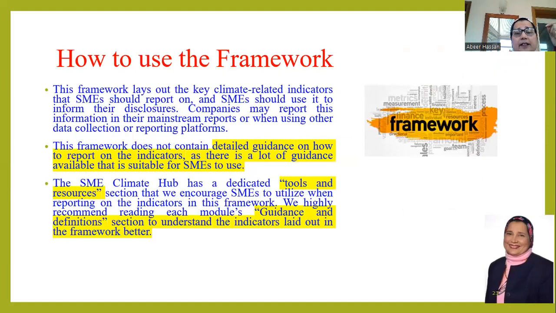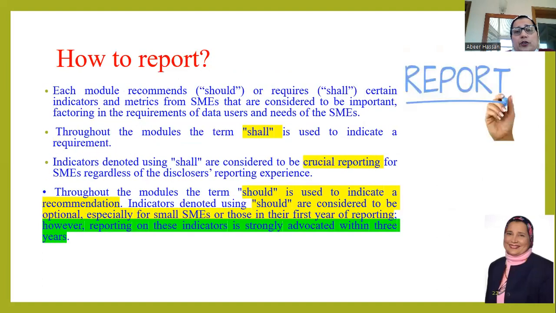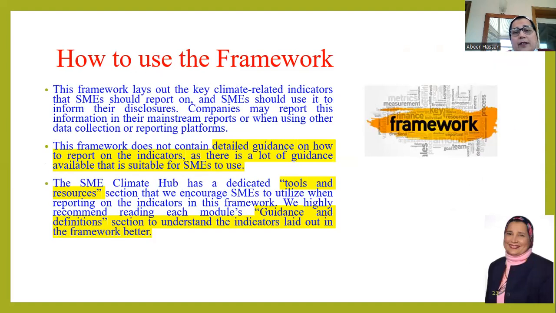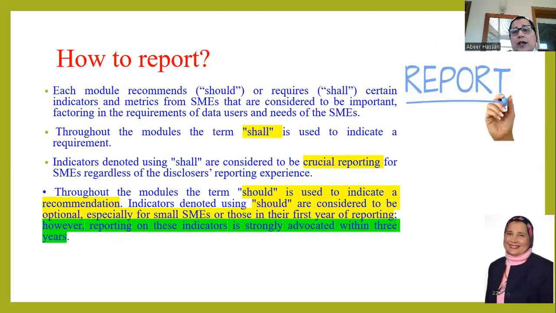And here is how to use the framework. I will talk about this later in detail in our live session, because this is what we are going to do. How to report: in the criteria, there are some items saying you shall, or you should. Throughout the module, the term shall is used to indicate a requirement.